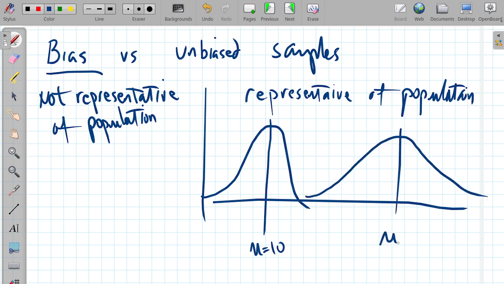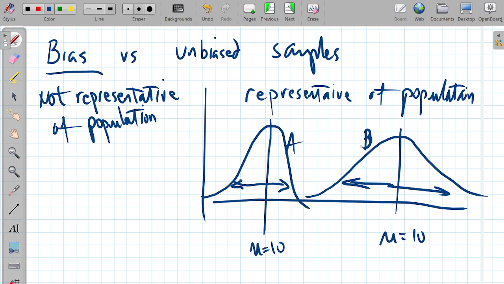This one can also have a center at 10, but this one's considerably wider, so its spread is not representative. If this is sample A, this is sample B, or population A, population B, the centers of A and B are identical, but the spreads are significantly different. And then you have to ask yourself, are they really the same population?